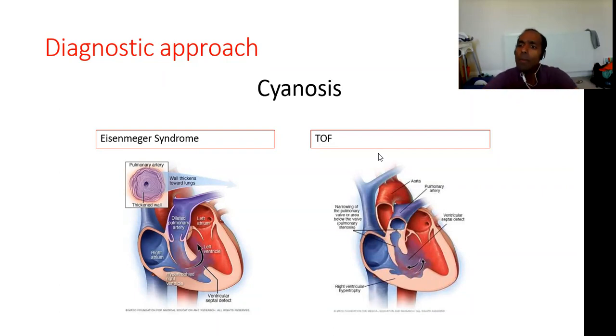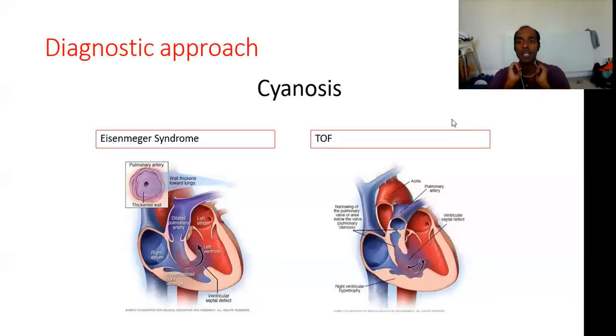Now, if you remember your embryology and pediatrics, there are 4 cardinal problems in tetralogy of Fallot. And the most important of them is pulmonary stenosis. And you can see in this picture, pulmonary stenosis.